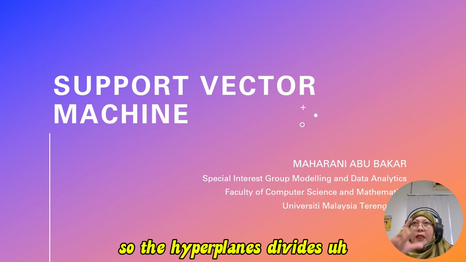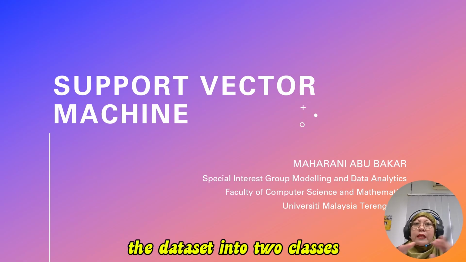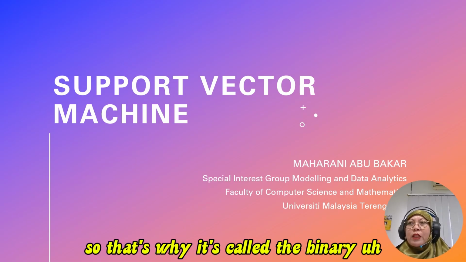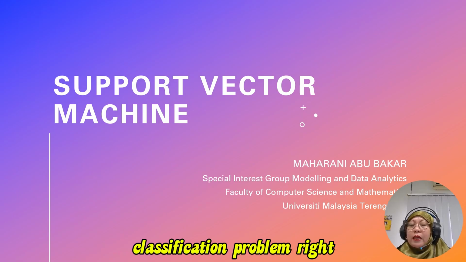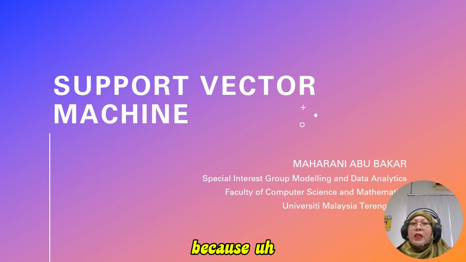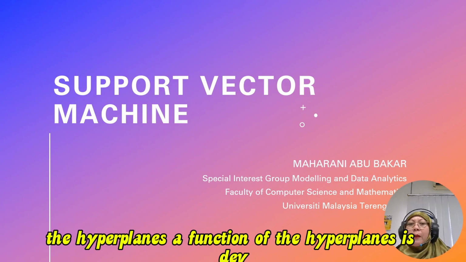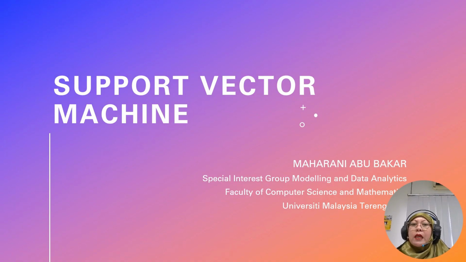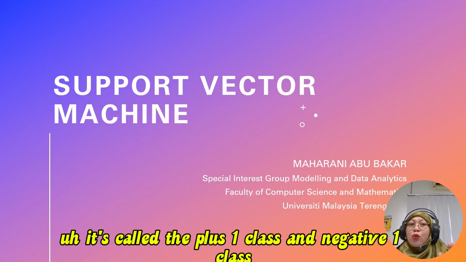So the hyperplane divides the data set into two classes. That's why it's called the binary classification problem, right? Because the function of the hyperplane is to divide the data set into two classes, the +1 class and the -1 class.